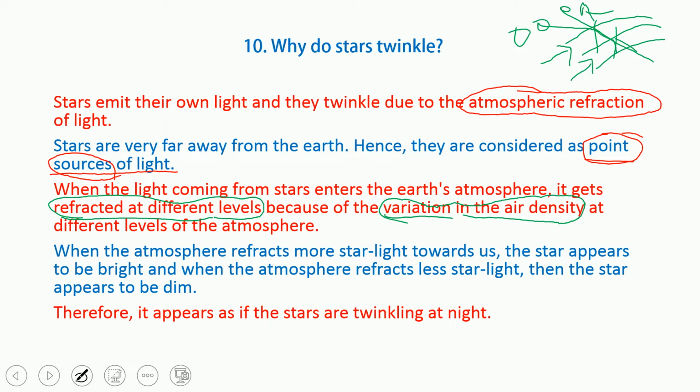When the atmosphere refracts more starlight towards us, the star appears to be brighter. When the atmosphere refracts less starlight, then it appears dim.